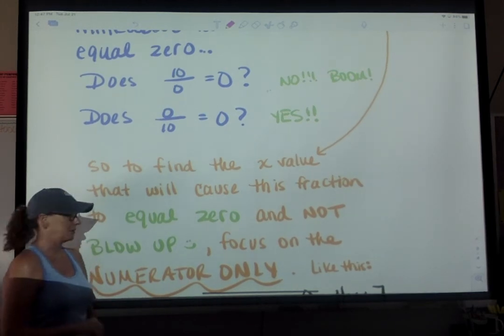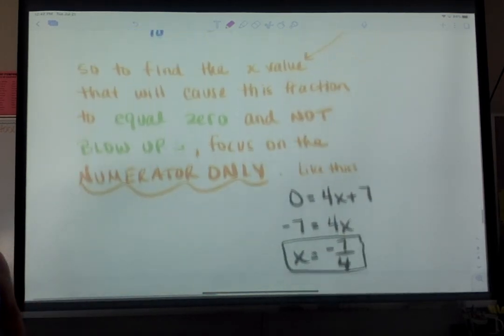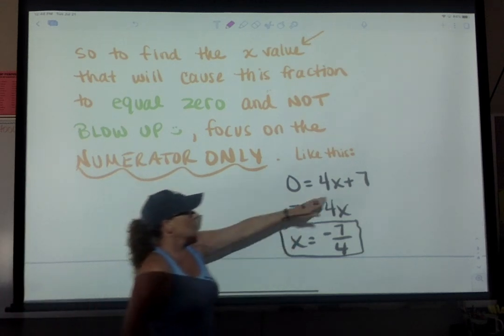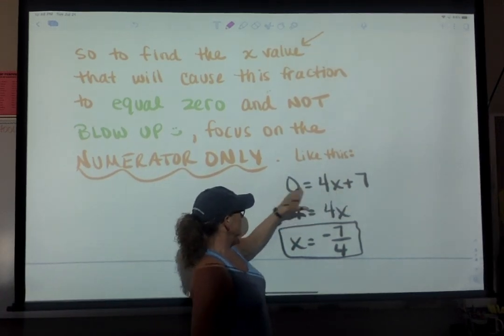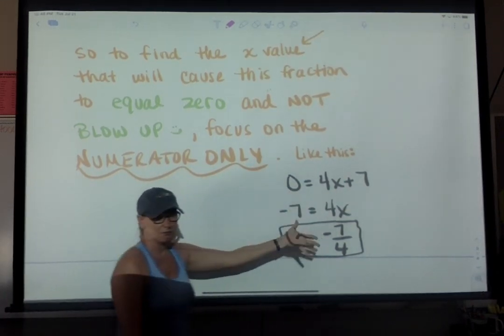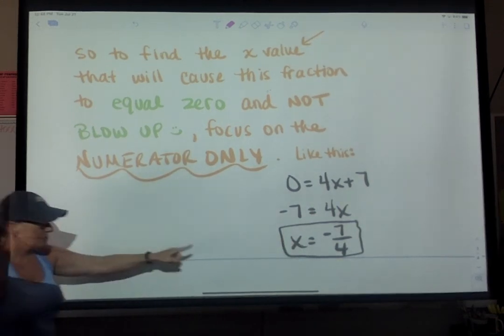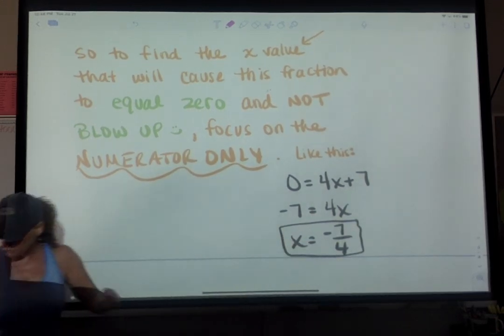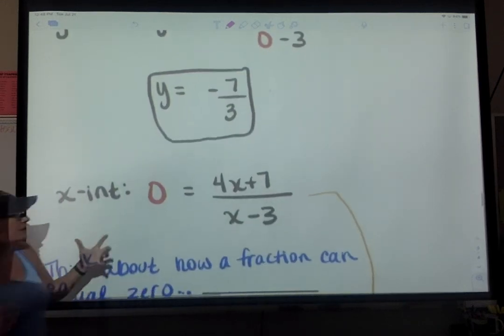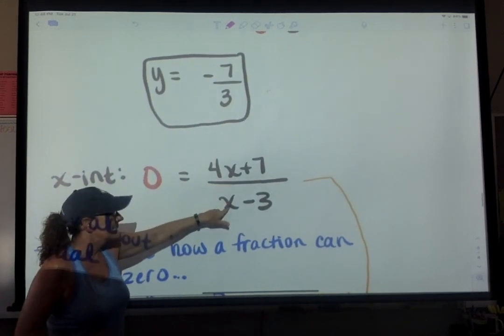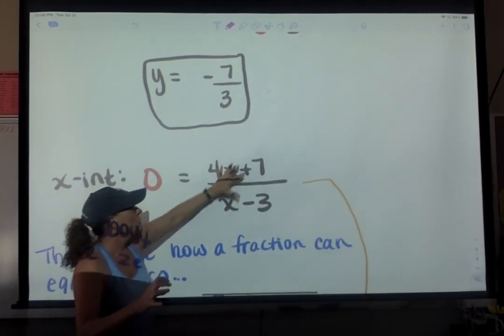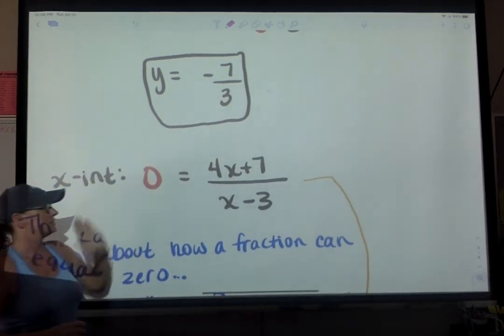Don't look at the denominator. Numerator only. Set it equal to 0 and solve it. This value of x, right here, -7/4, when plugged in here and here, will cause this value to be 0.